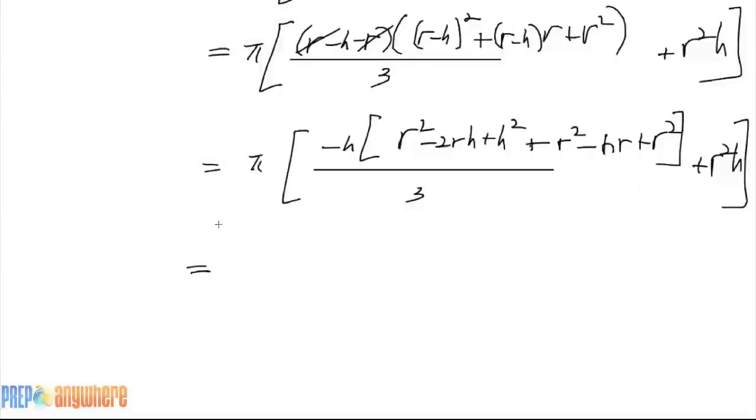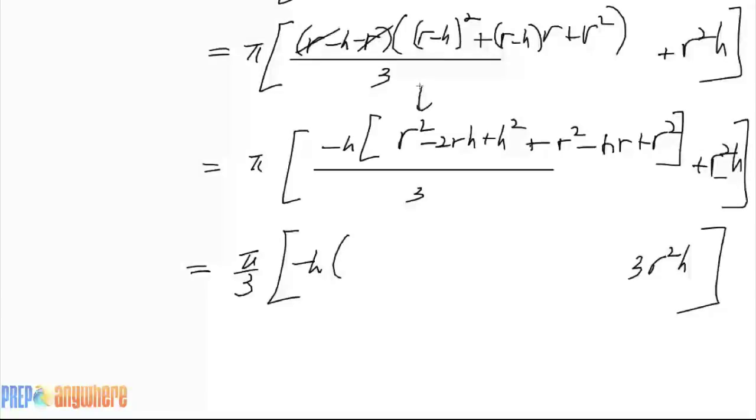I'm going to factor out this third too, so you get pi over 3. That's going to become 3r squared h. Before I open this bracket, inside I'm going to collect what's the same. Those three are the same, 3r squared. What else can we collect? That 3rh, and then just the plus h squared.